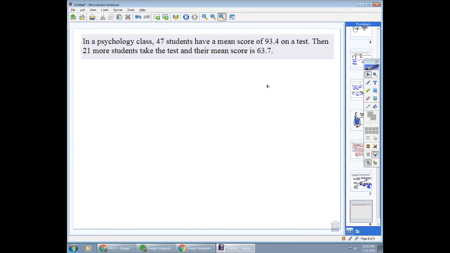Some of them got below 93, some of them got above 93, but on average the score was 93. Remember we talked about average means it's the amount everybody gets to share to get the same total. So the total number of points from those 47 people has to be 47 times 93.